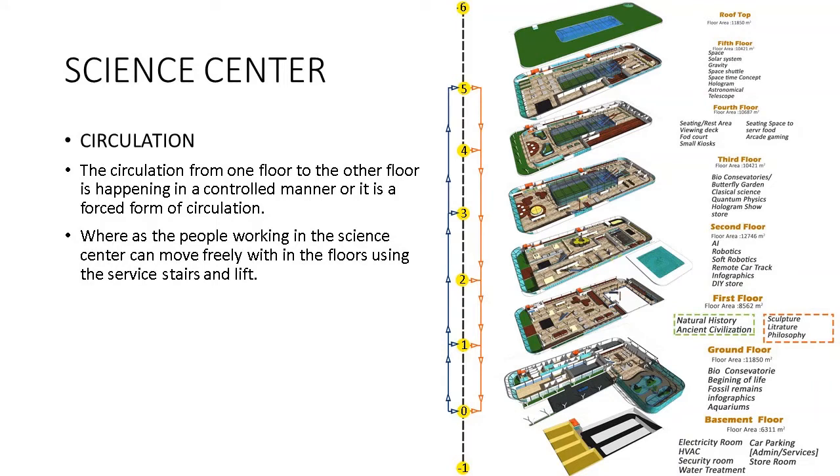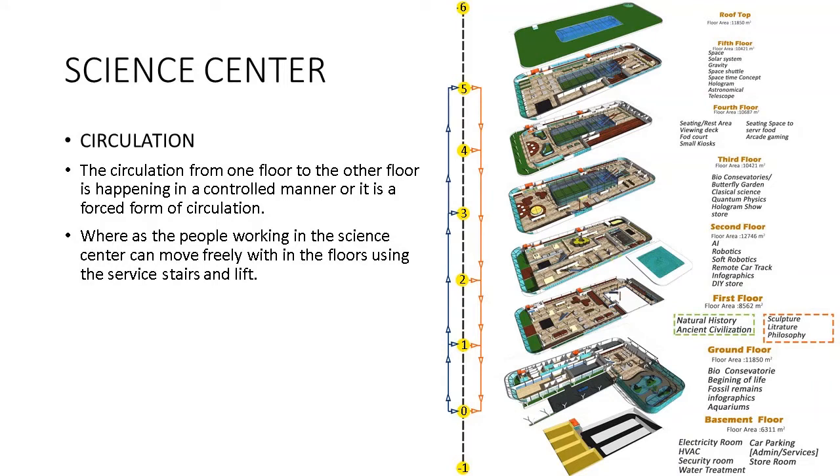So from the ground floor, the visitor has to go to the first floor, and from the first floor the visitor will be going to the third floor, and from the third floor to the fifth floor, and from the fifth floor the red line with the red arrow indicates the movement of the visitor downwards. So from the fifth floor the visitor will be going to the fourth floor, and then to the second floor, and then again to the first floor, and to the ground floor 0.